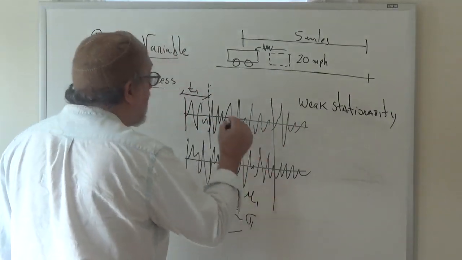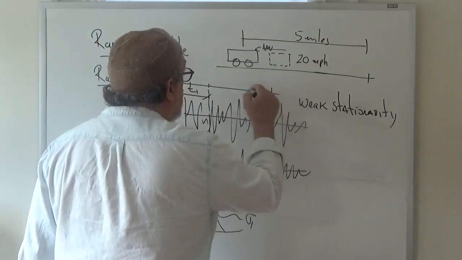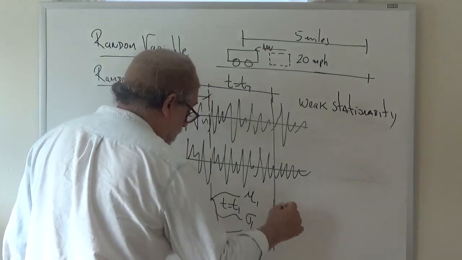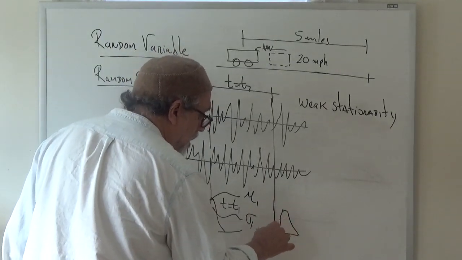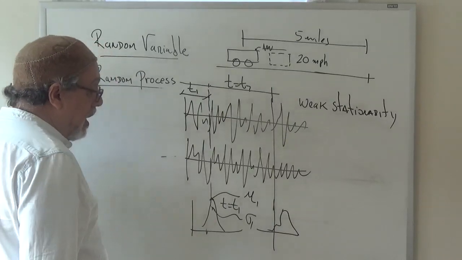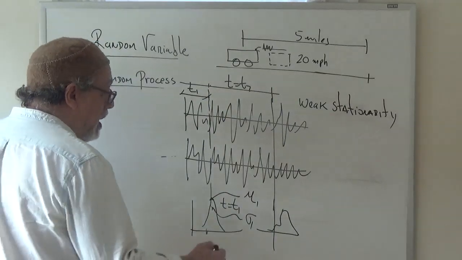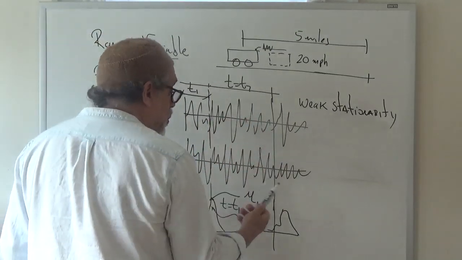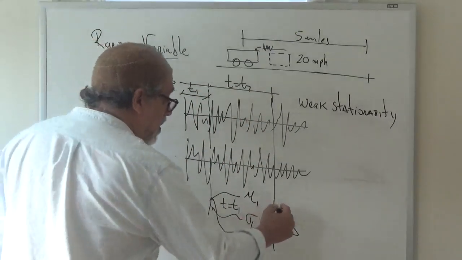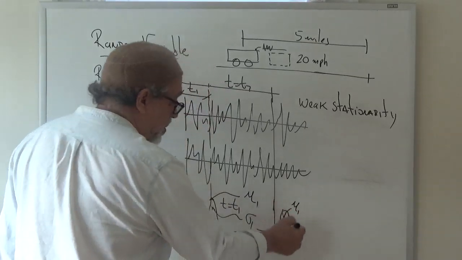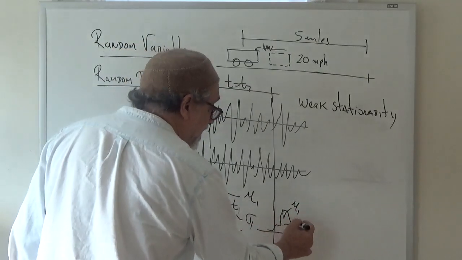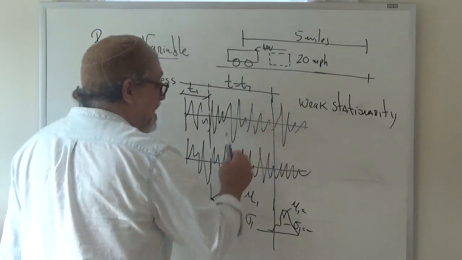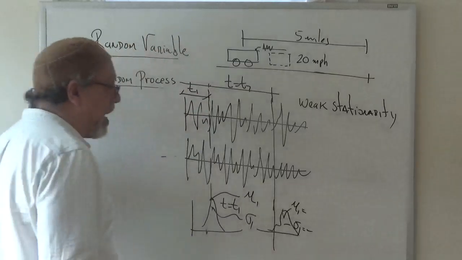Now if we take another time, the time t equal to t2, and we get a different distribution, whatever, right? So the PDFs at t equal to t1 and at t equal to t2 are not the same, let's say. However, let's assume that the mean of this one is the same and the standard deviation is the same. Then we say that this is good enough for us, we have weak stationarity.